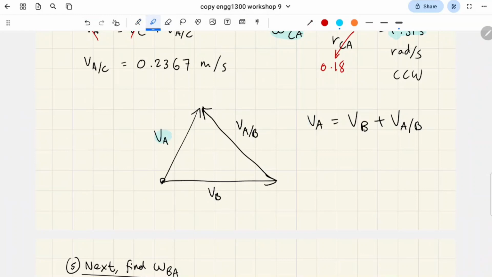These are vectors which have a magnitude and a direction. And if you recall the first workshop, we talked about forces, which were just a type of vector.